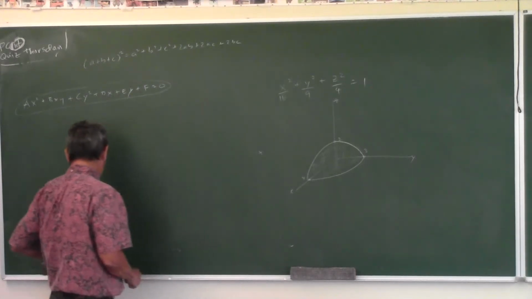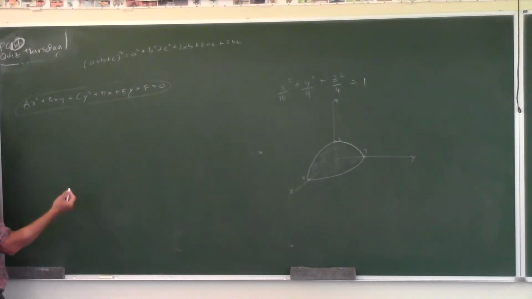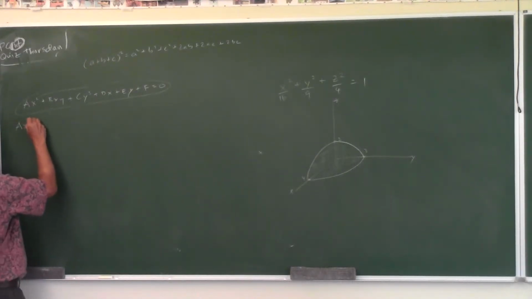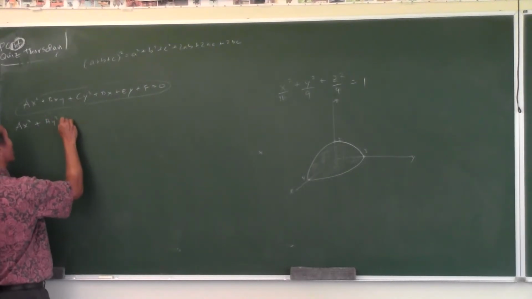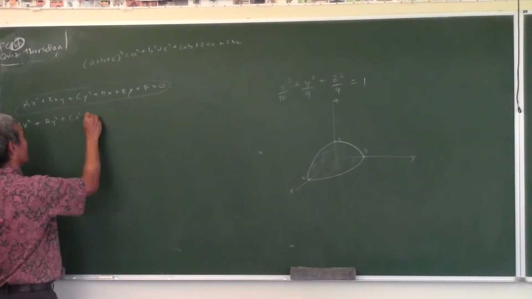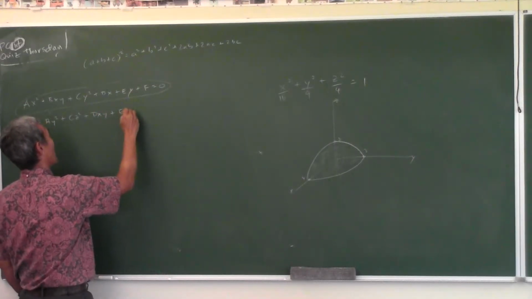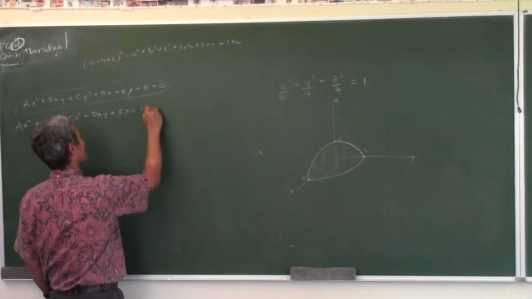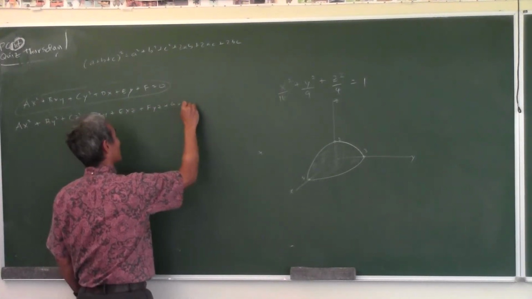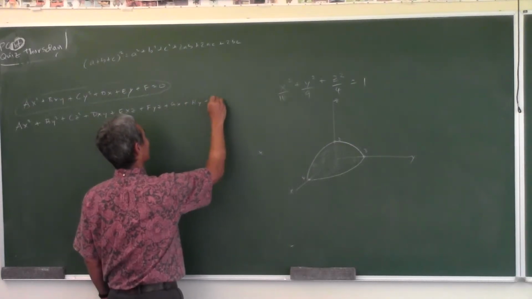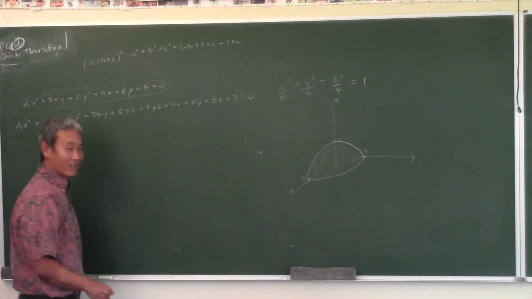So in 3 dimensions, anytime you have an equation of this form, which is second degree, that means the highest power is 2: Ax squared plus By squared plus Cz squared plus Dxy plus Exz plus Fyz plus Gx plus Hy plus Iz plus J equals 0.